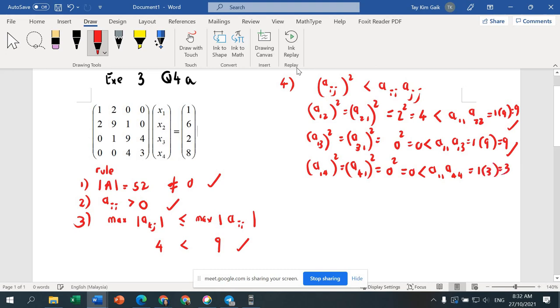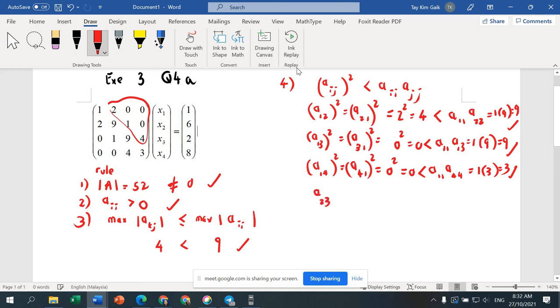It is true, 0 is less than 3. So it's satisfied. So you have checked A12, A13, A14. Now you go to check this one. Then you want to check all these values: 1, 2, 3.